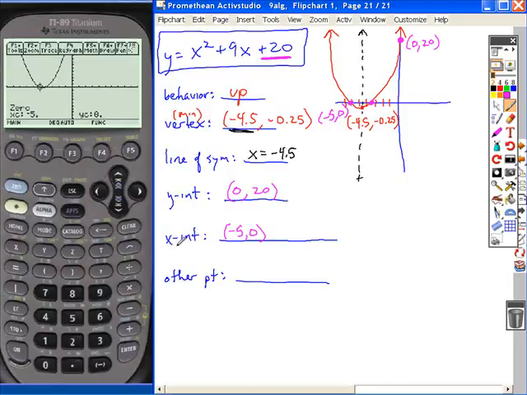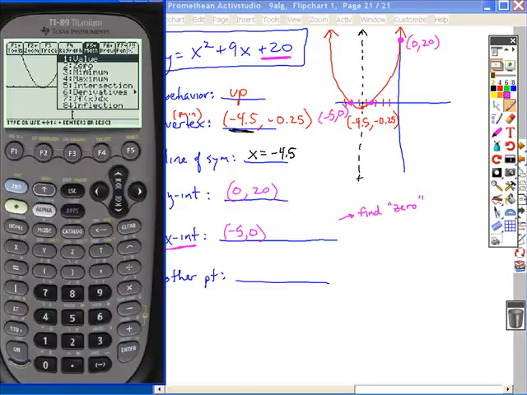Remember, the zeros, the x-intercepts, are where your equation is equal to 0. And I'm going to go through a second way to look at this. So if you're using your graph, what you're looking to do on here is you're finding the zeros. So let's find another one. So we found this left one. We now need to find the right one. So we go back to F5, Math tab, choose zero, which is number 2.